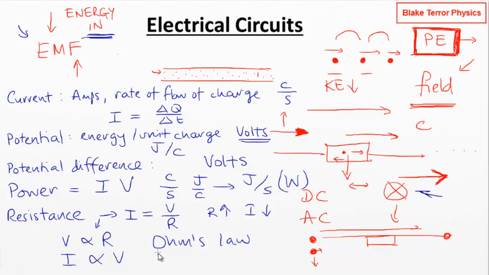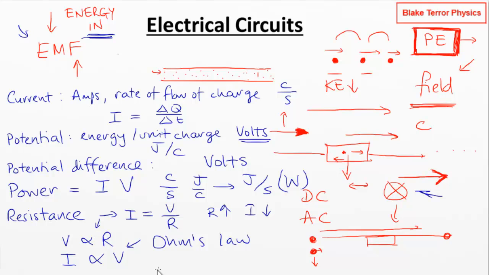And then he was saying, well, the constant of proportionality is then the resistance of the component. Now, for Ohm's law to be true, he was talking about particular materials where this constant of proportionality is actually a constant.